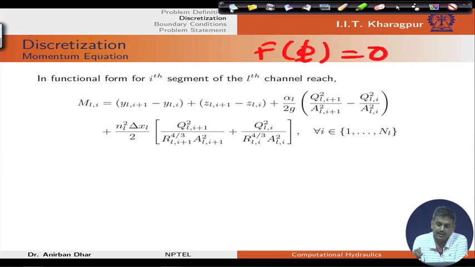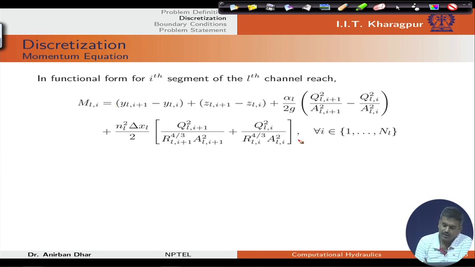For any segment we will get this momentum function M L I, and this should be equal to 0, and this is valid for 1 to N L number of segments.